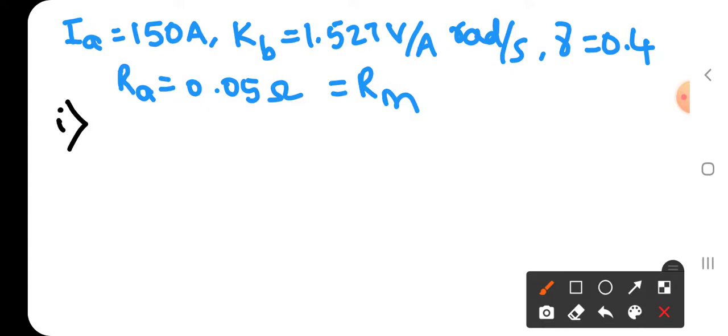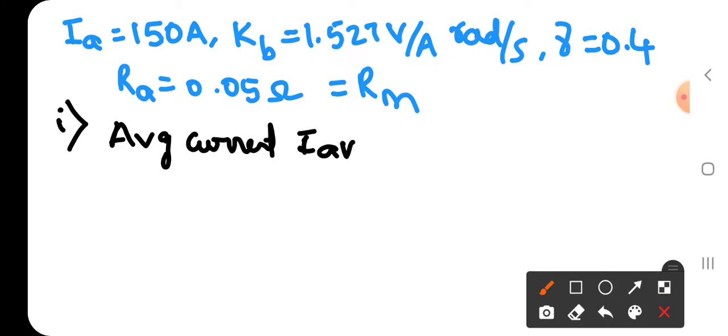First, we should find the average current passing through the chopper.